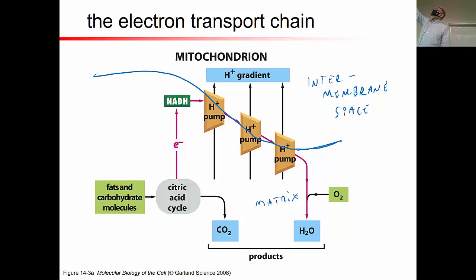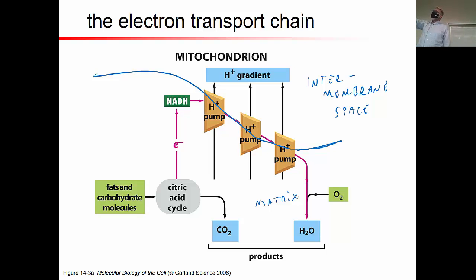And then eventually those electrons have to go somewhere, to the final product, and the final product is oxygen. This is why we need oxygen. And those electrons go onto oxygen, and what happens when you add electrons to oxygen? You make, it's building up in everyone's masks and glasses as we speak, water.